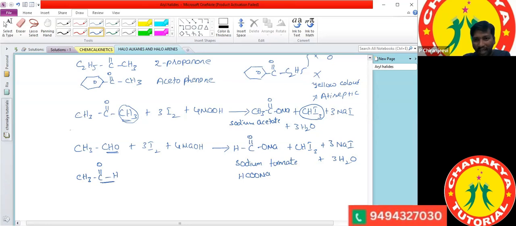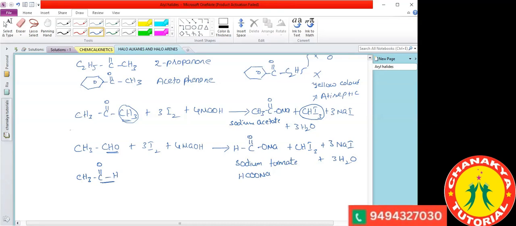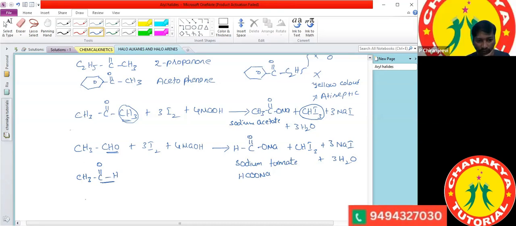Shall we try one more example, ma? Yes, sir. Why can't we take acetophenone? But in the examination, they won't give the balanced equation.